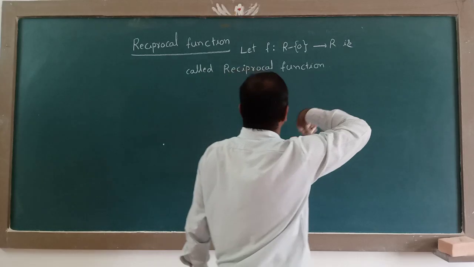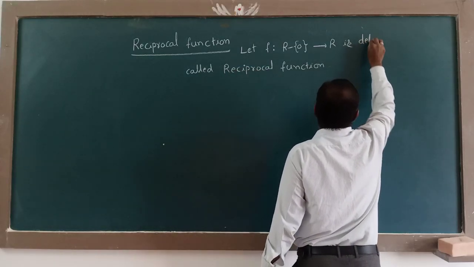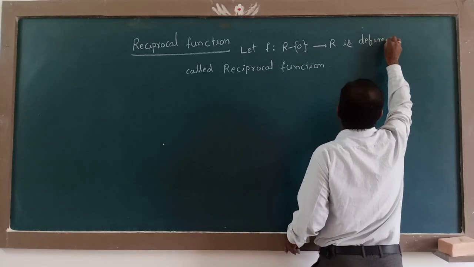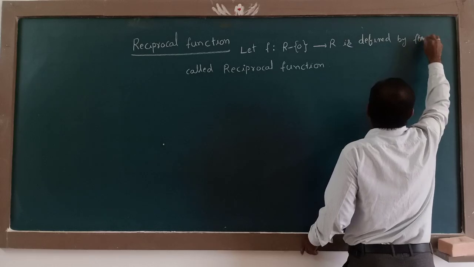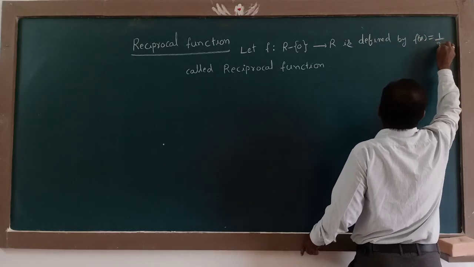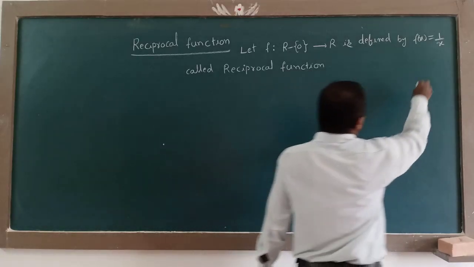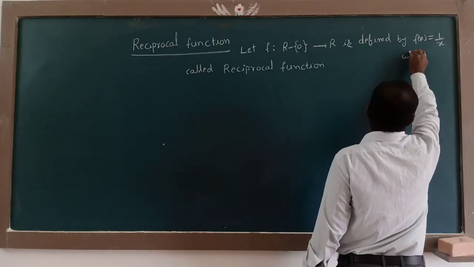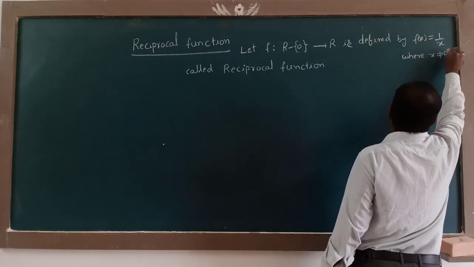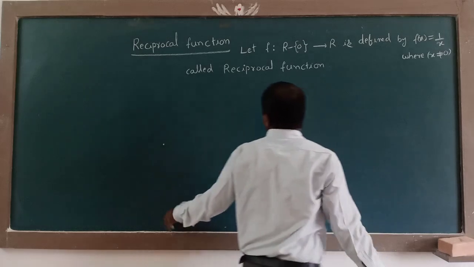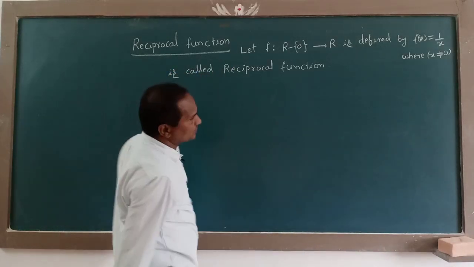R minus 0 is defined by f of x is equal to 1 by x, where x is not equal to 0, is called the reciprocal function.